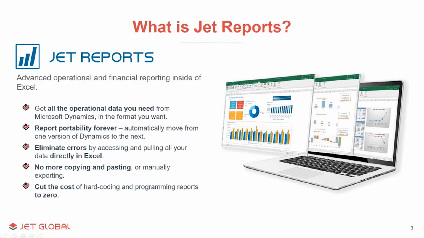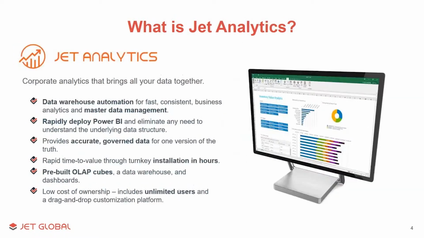As an overview, part 1 of this series covered Jet Report, which was real-time reporting direct off your database, really good for financial statements and snapshot reporting. We do use this a little bit when we want to access information direct from the data source rather than from a data warehouse, which is really what Jet Analytics is designed to do, to be the more modern approach.